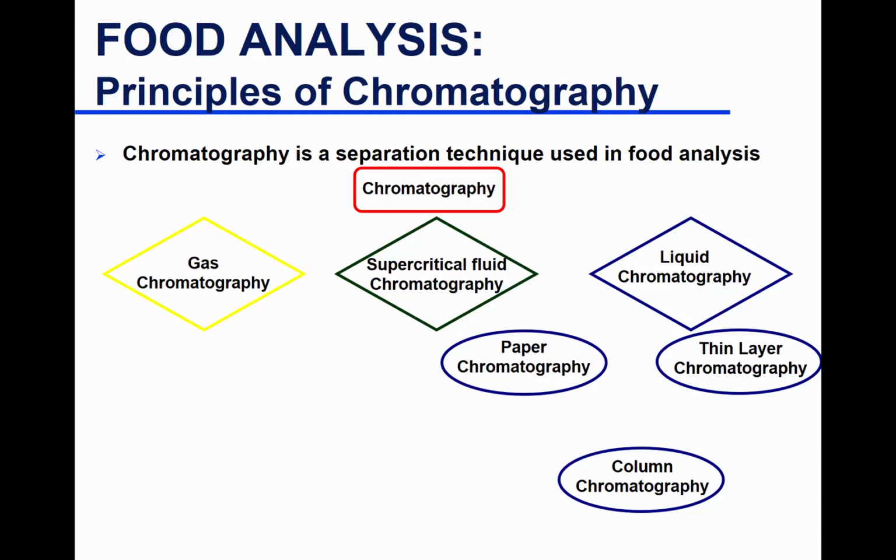So the column, you're actually using a packed column, whereas paper chromatography, you're separating components using a cellulose paper, for example. Thin layer chromatography, you'll be separating using silica spread on an inert material, like glass or aluminum. Yeah. So those three aren't considered types? Yes, they are still types. So under liquid, you have three different types as well, or subtypes.